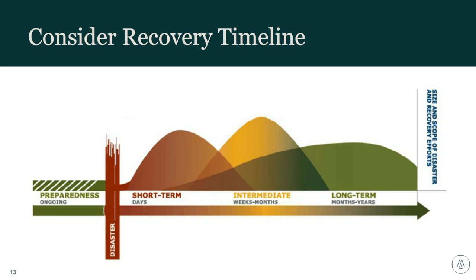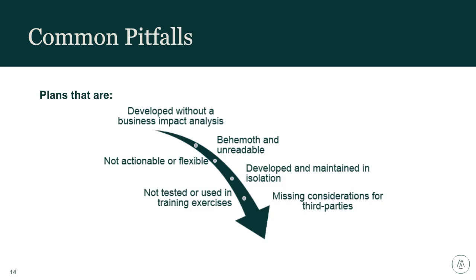Finally, some of the common pitfalls we see: continuity plans that are developed without a business impact analysis. And a key part of that is really not just identifying the essential functions, but then identifying the dependencies and the inputs that are required.